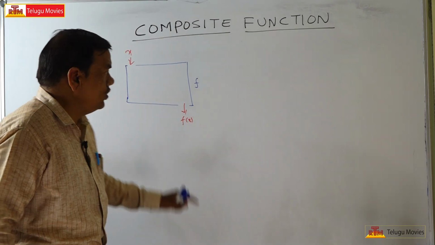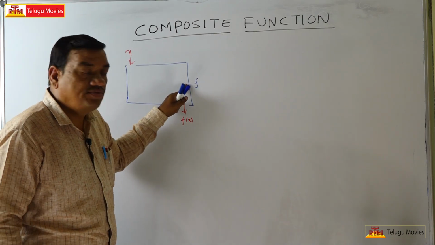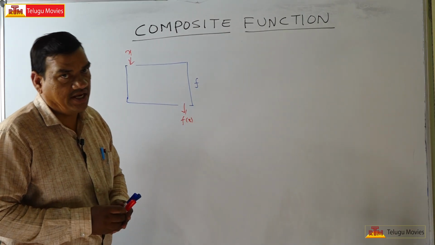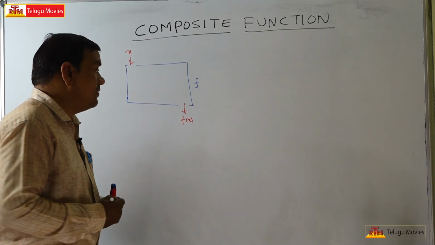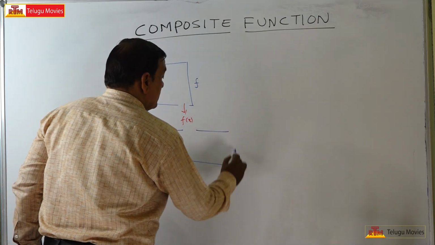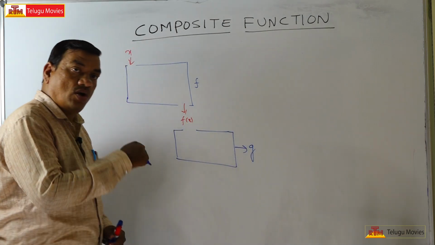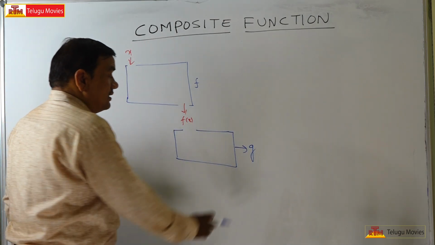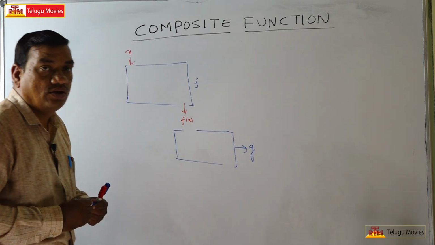So here also there is a raw material under the machine F. Up to here f of x came. Again this f of x gets further processed under the machine G.